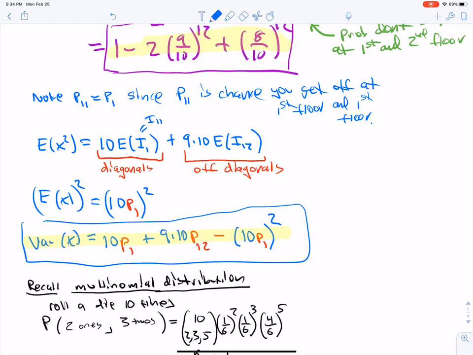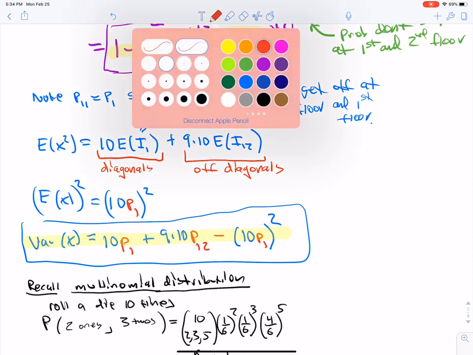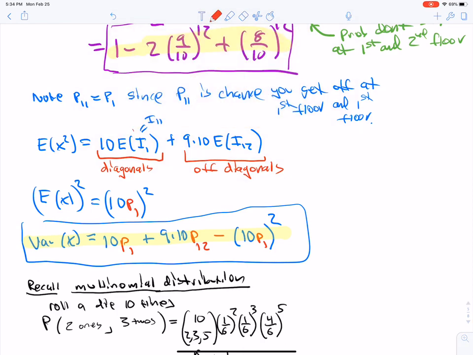So we get the variance is 10 p1, plus, let me just write this here. So this is p1, and this is p1, 2. I guess I've been using another color for this.